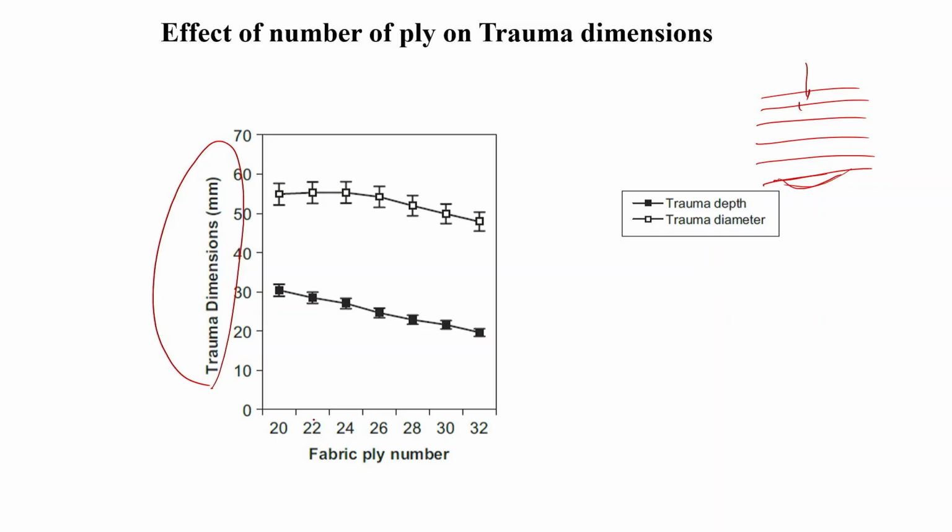If we go on increasing from 20 to 30 or 35 layers, the trauma dimension will gradually reduce.